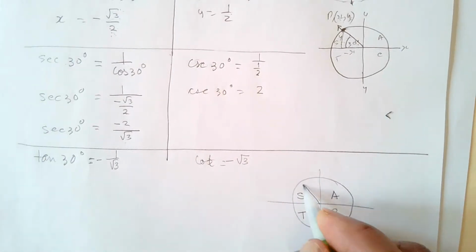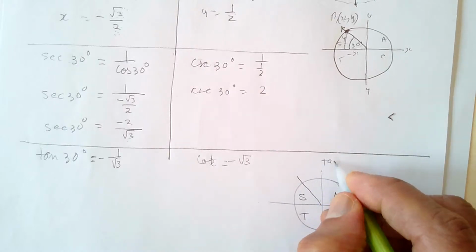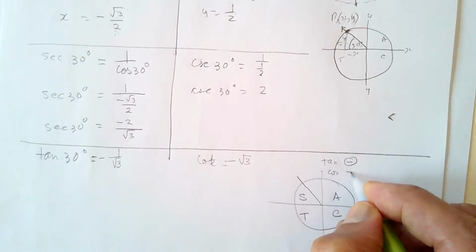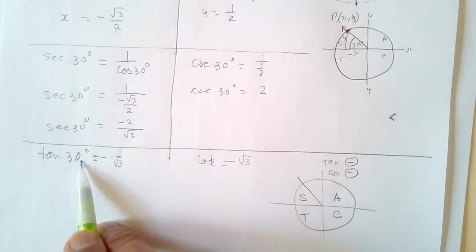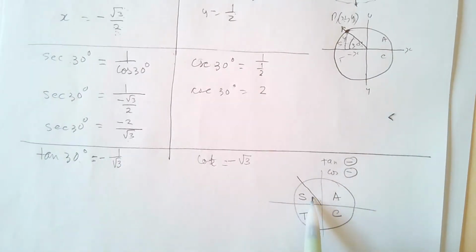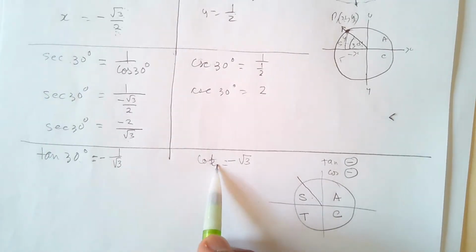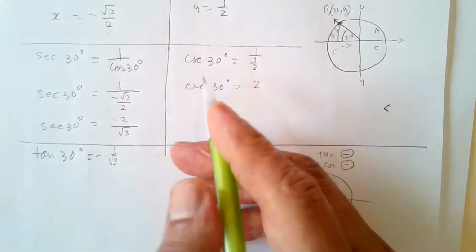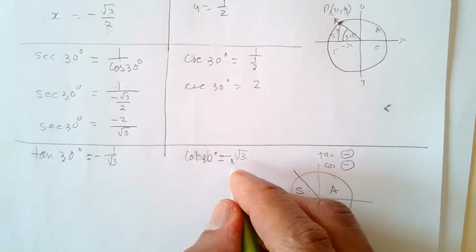But because we are looking at this quadrant here, tan is negative, and cos is negative. So therefore, tan 30 degrees in quadrant 2 is negative 1 over root 3. And cotangent 30 degrees here is equal to negative root 3.